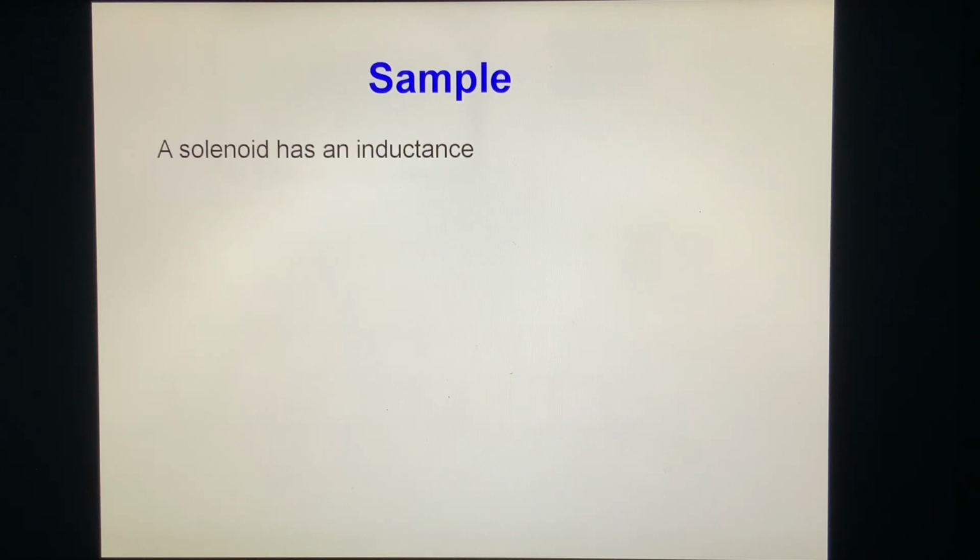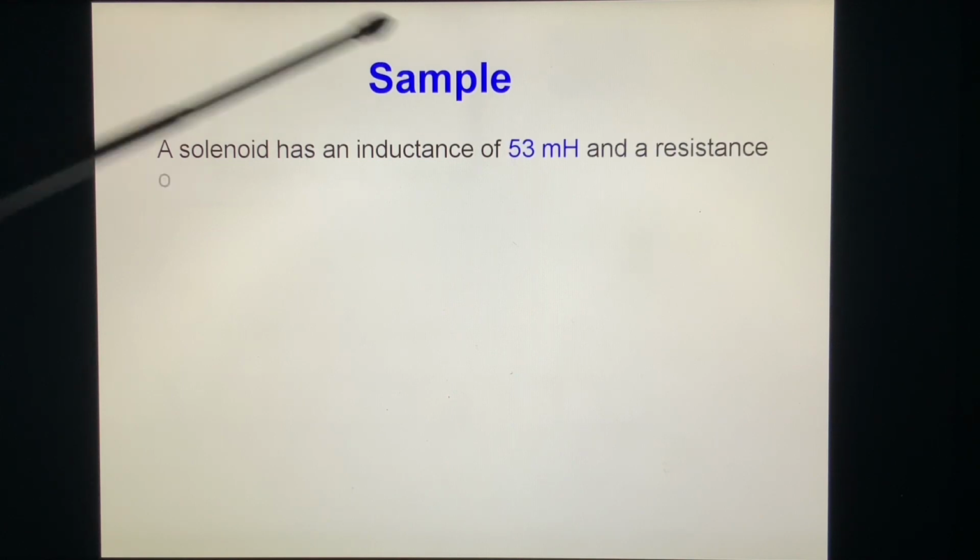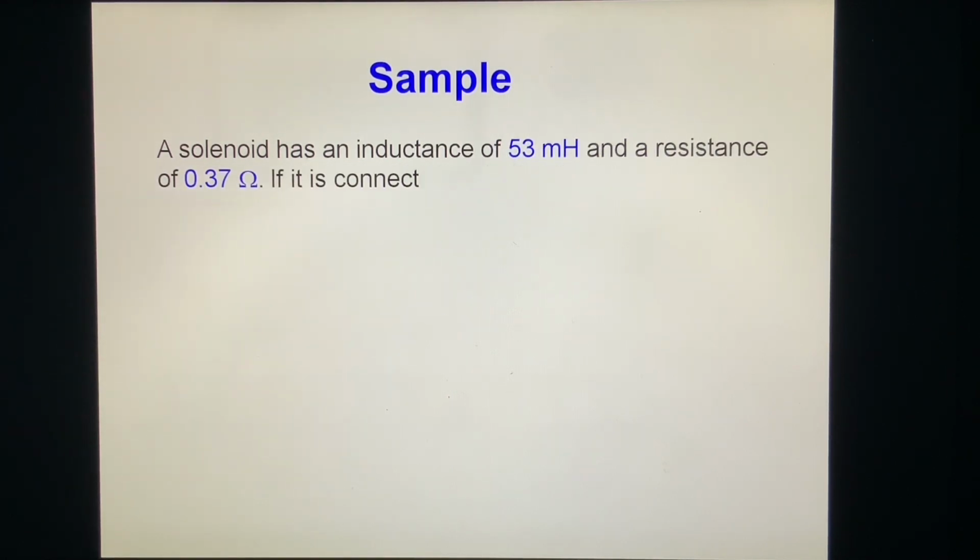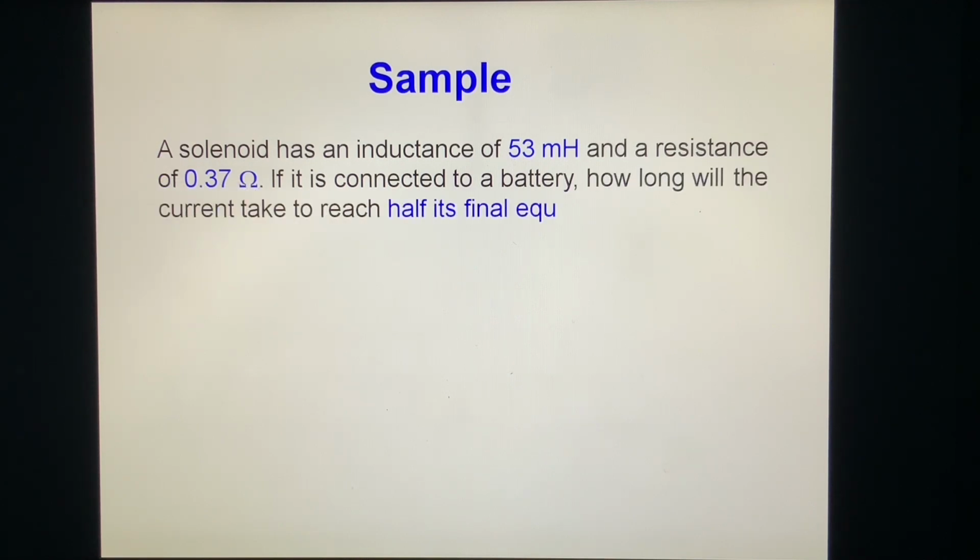Sample: A solenoid has an inductance of 53 millihenry and a resistance of 0.37 ohm. If it is connected to a battery, how long will the current take to reach half its final equilibrium value?